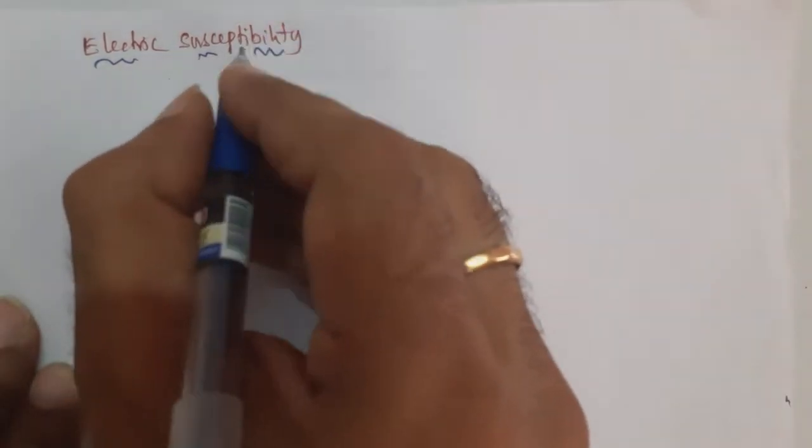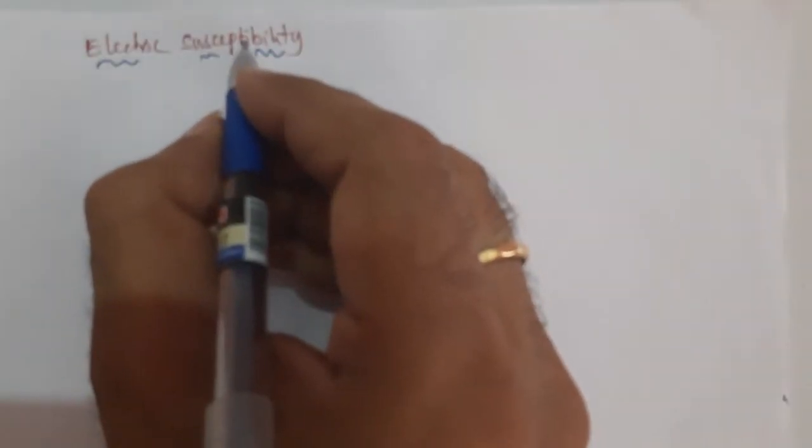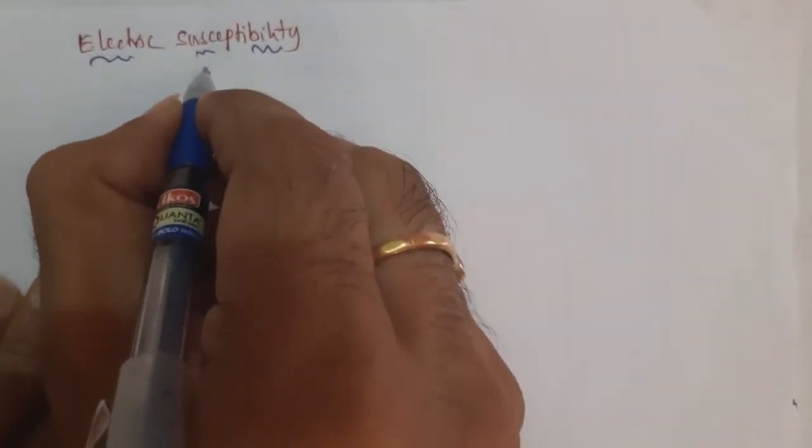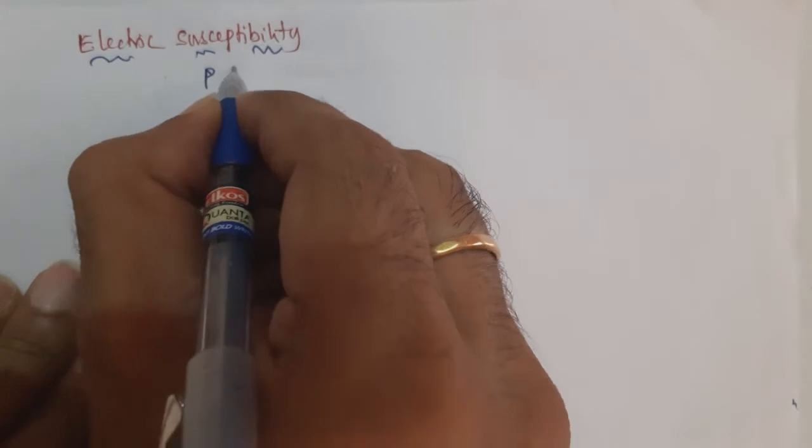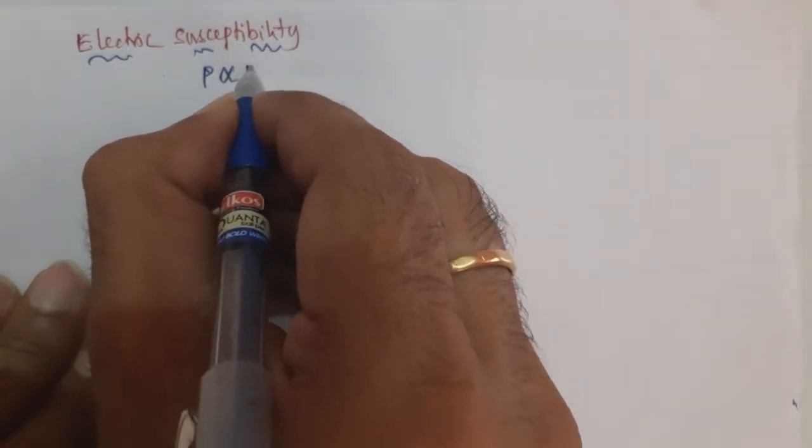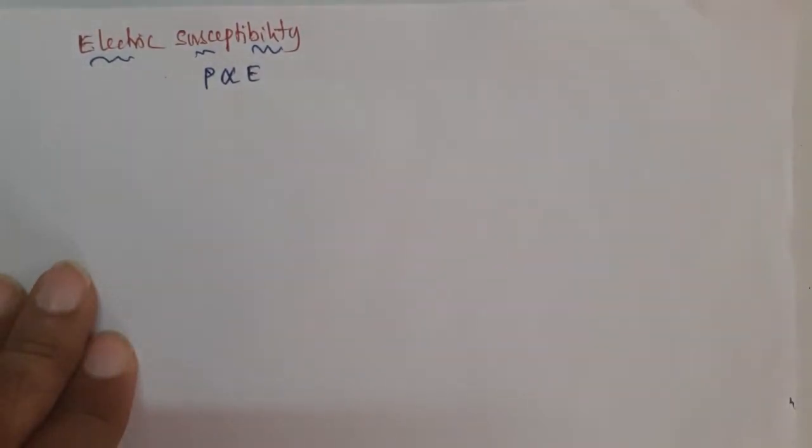Already we have seen that the induced dipole moment is proportional to the applied field. And another thing is that the polarization is proportional to the electric field. That is, P, the polarization vector, is directly proportional to the electric field E.